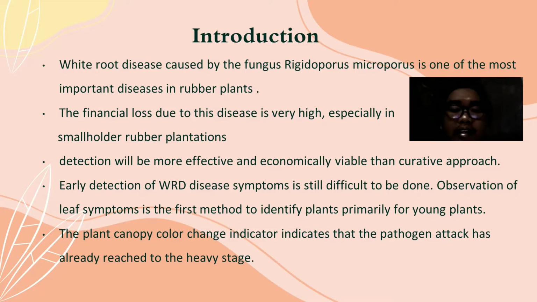The early detection of white root disease symptoms is still difficult to pick up. Observation of symptoms is the first method to identify infected plants, primarily young plants. The plant canopy color change indicates that the pathogen effect has already reached an advanced stage.